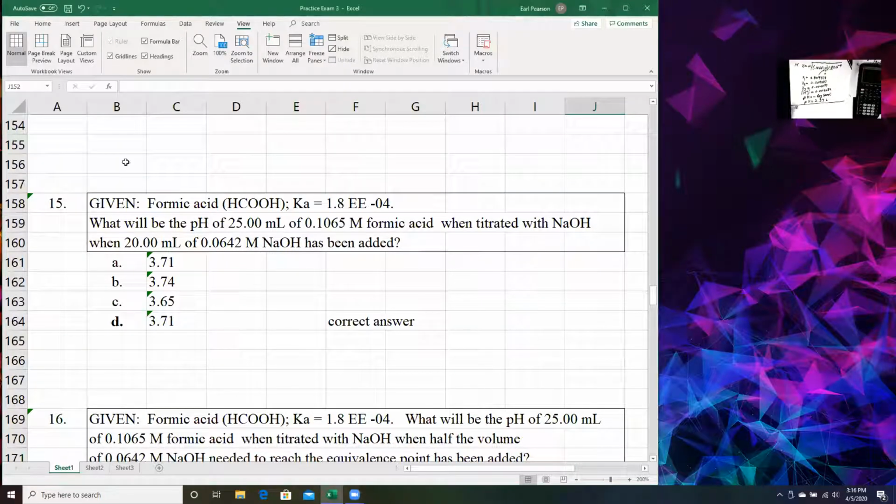Okay, now the data for this problem, we still have Ka equal to 1.8 times 10 to the negative 4. The question is the pH after 25 milliliters of formic acid is titrated with NaOH, when 20 milliliters of 0.0642 molar base is added.